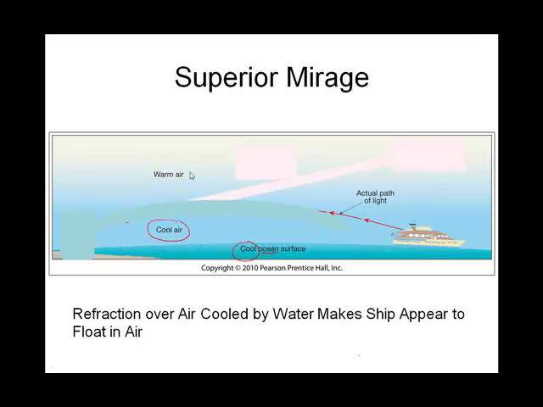And then let's say we have warmer air above it because the air warmed up more quickly than the ocean did. So this is a temperature inversion, isn't it? As you're going up in elevation, the air is getting warmer. There's your temperature inversion.